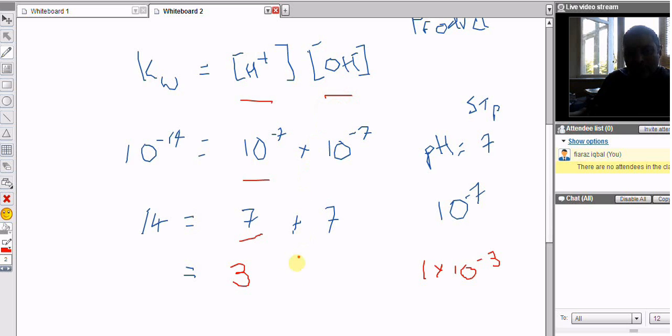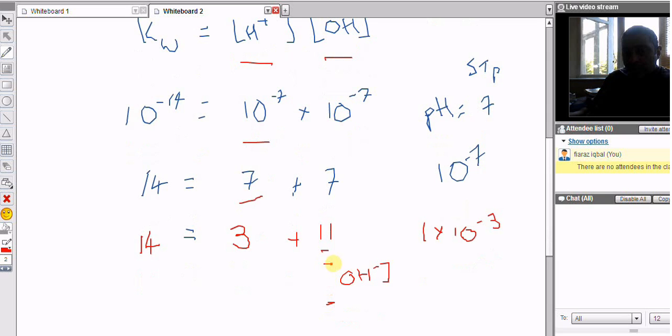When I think about the ionic product of water being 14, because it's powers adding to 14, it means 3 plus 11. So when I have a pH of 3, the concentration of hydroxide ions, OH minus, although it looks bigger, you've got to remember this is a negative log, is equal to 1 times 10 to the minus 11.